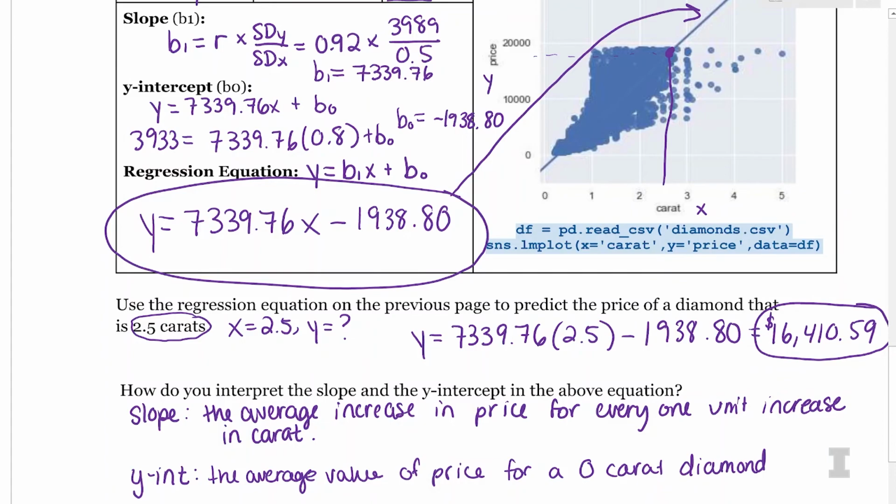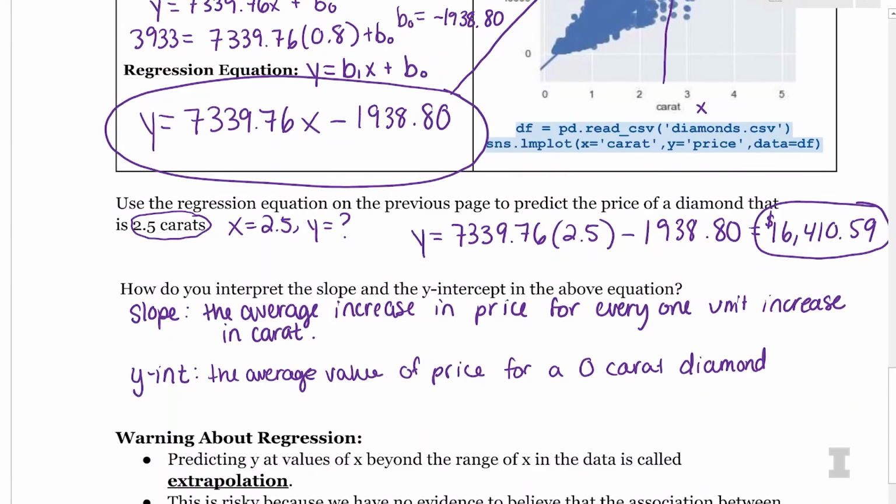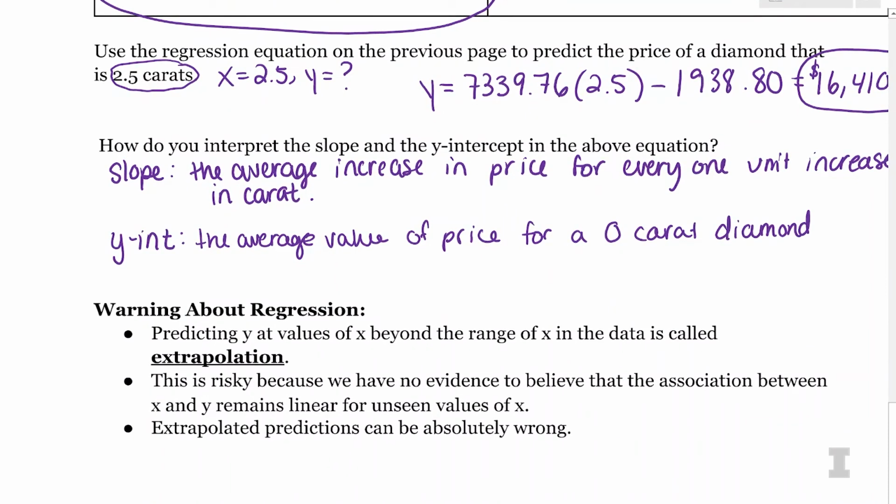And we did not have any of those in our data set. So it kind of does make sense that our y-intercept doesn't have a great interpretation, because to predict for a 0 carat diamond wouldn't be a good prediction, because it's not in our data set and it's not actually a thing. I would love to get $1,900 for nothing. Yeah, exactly.